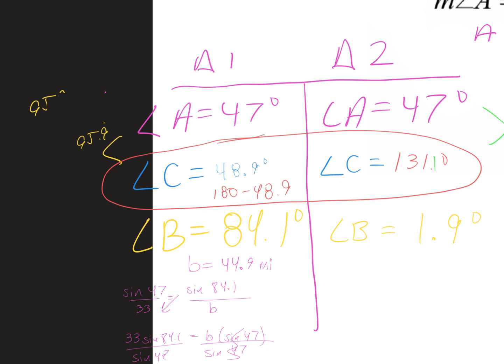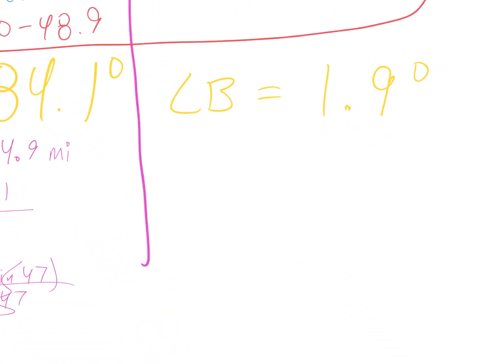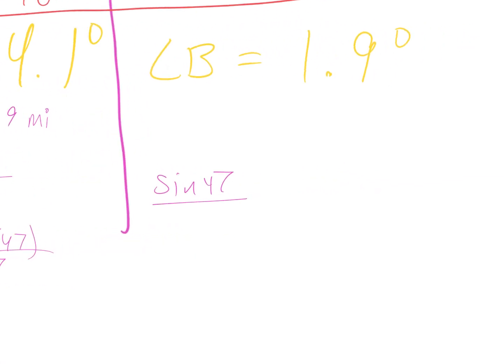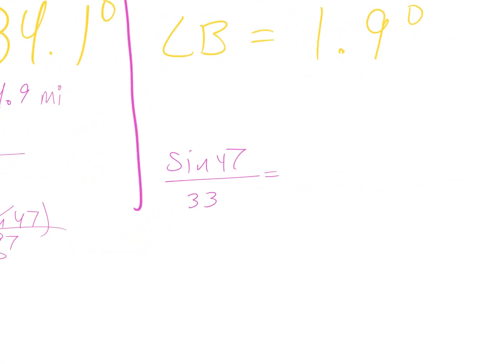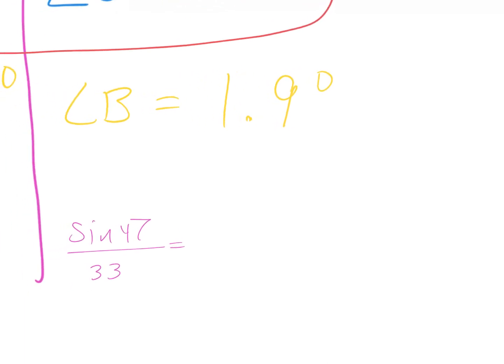So now we're going to do the exact same thing, but we're going to use the information from the second triangle. So again, I'm going to use sine 47 over 33. And then this time, I'm going to use the sine of the second triangle's angle, which is 1.9, over little b. So cross multiply.